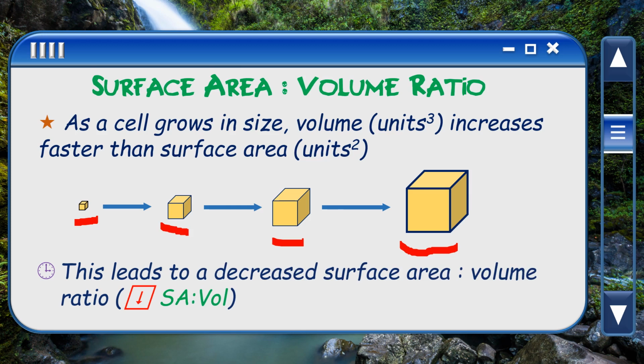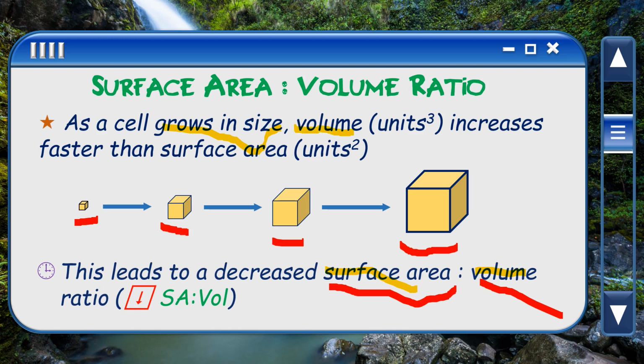So this means that as the volume is increasing, there is a decrease in the surface area to volume ratio. So we shall have a decrease in the surface area to volume ratio as the cell is growing in size.